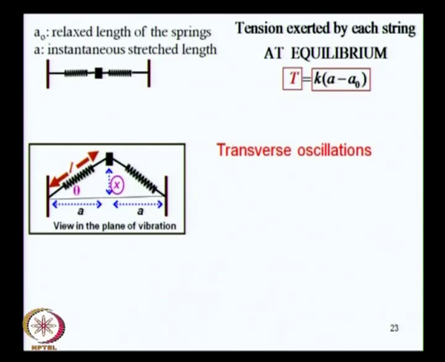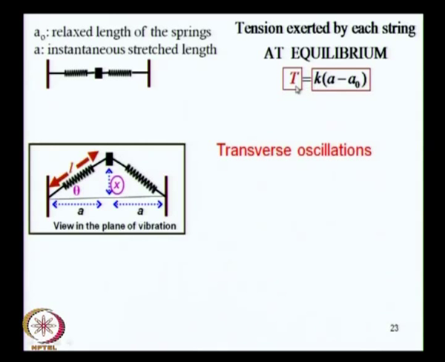Now, what happens if you provide it with a transverse displacement? If you have a relaxed length of a spring which is a0, and if the instantaneous stretched length is a, then the stretch is the difference a minus a0. So, the tension will be proportional to the stretch, and the proportionality will be the spring constant.